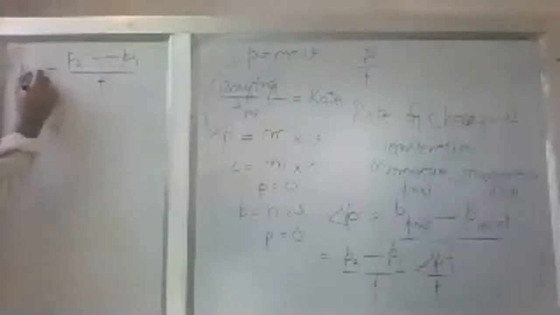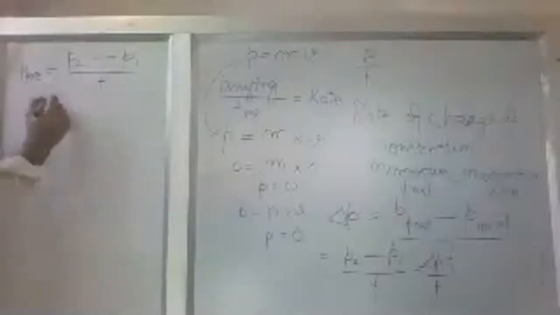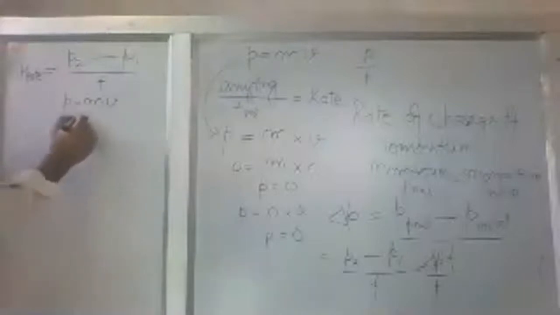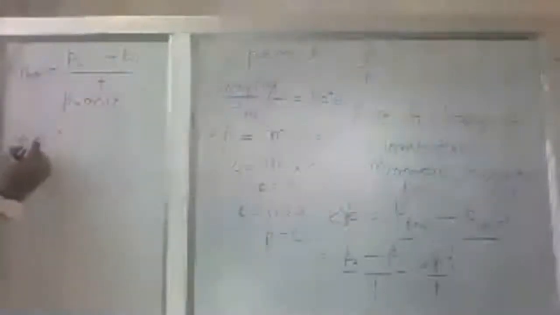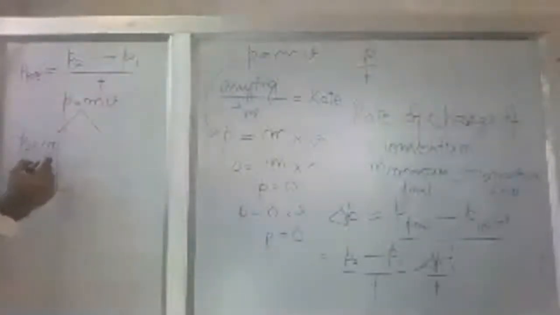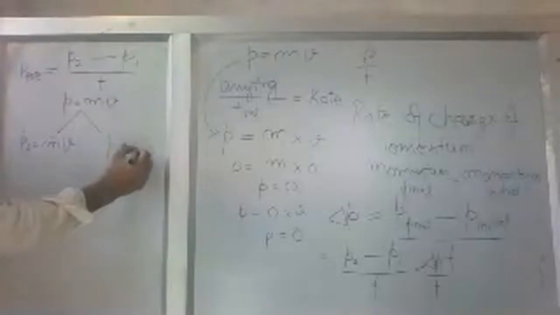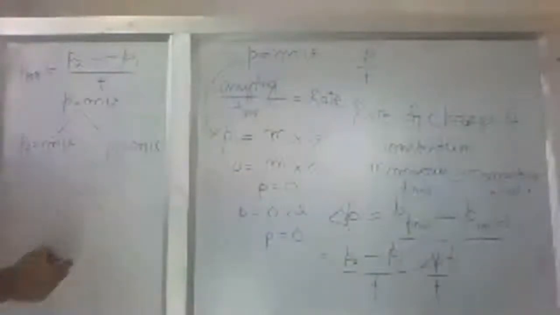If momentum P is equal to m into v, mass cannot change. So the final momentum will be mass, which remains constant, times the final velocity small v, and P1 is equal to mass and initial velocity u.